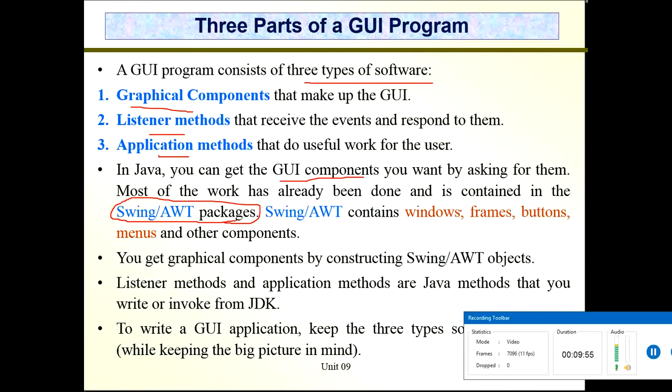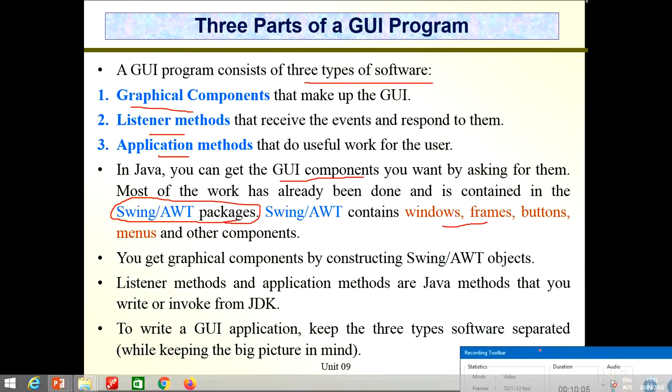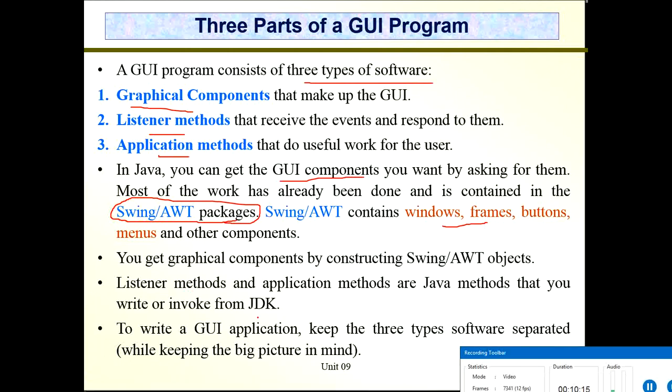Swing and AWT contain windows, frames, buttons, menus, and many other components. You can get graphical components by constructing objects of Swing and AWT. Listener methods and application methods are the Java methods that you can write and invoke from the Java development toolkit.